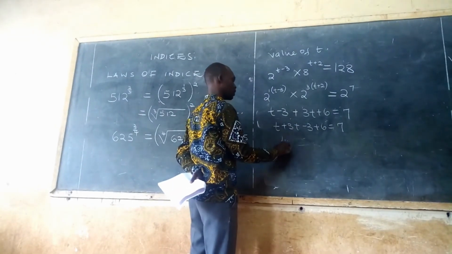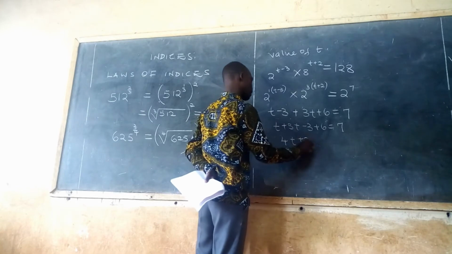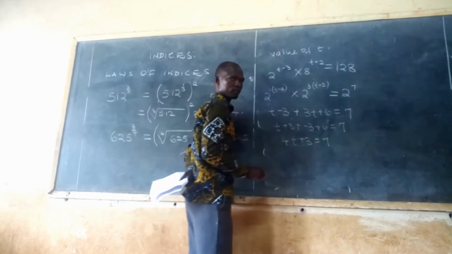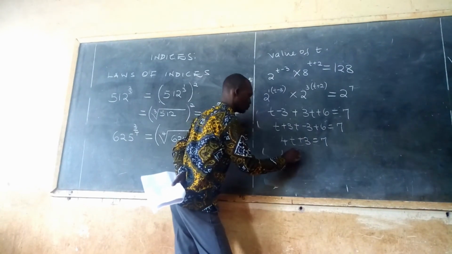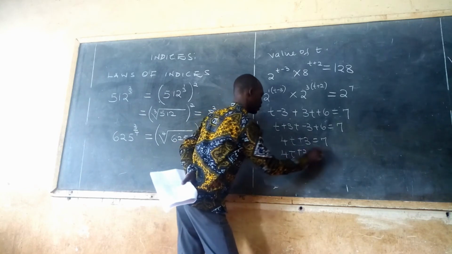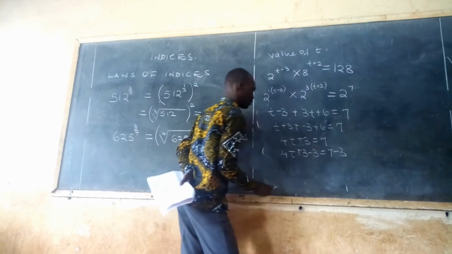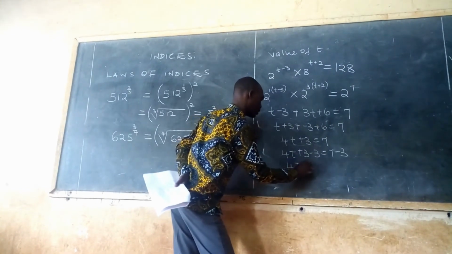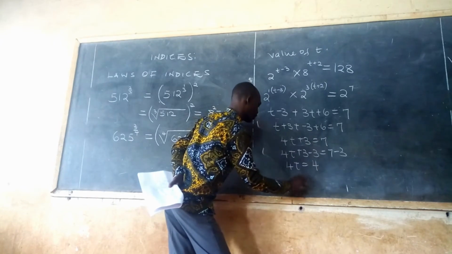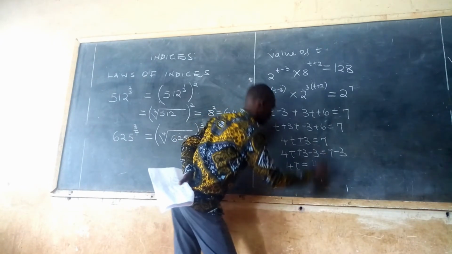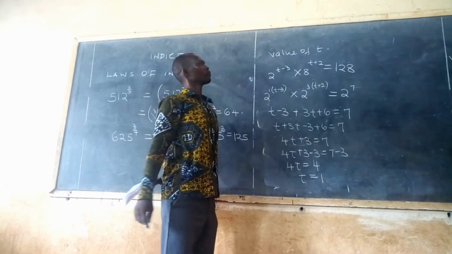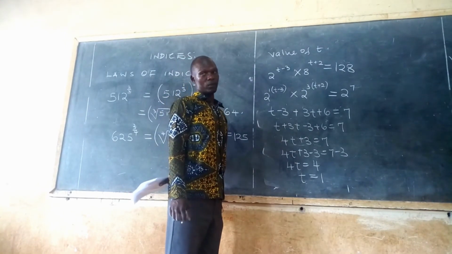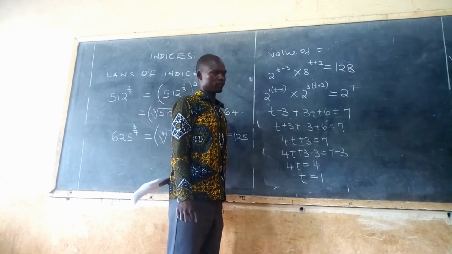So we'll have 4t plus 3 equals 7. 4t plus 3 minus 3 equals 7 minus 3. 4t equals 4, and therefore t equals 1. t will be 1 at the end of the day.